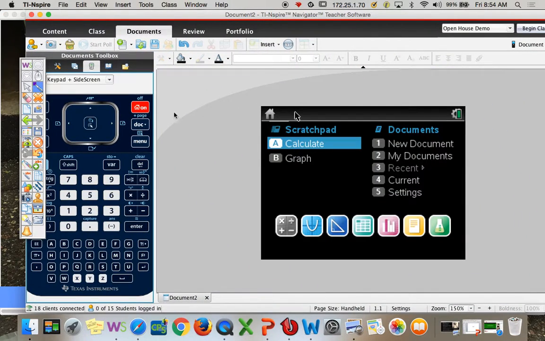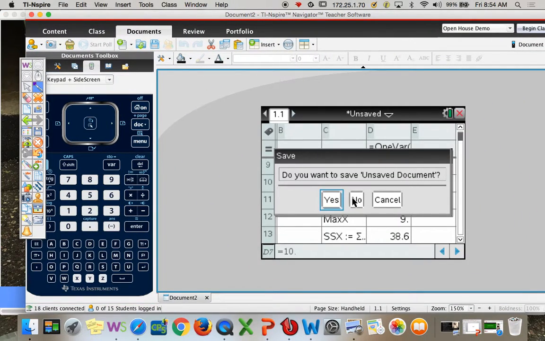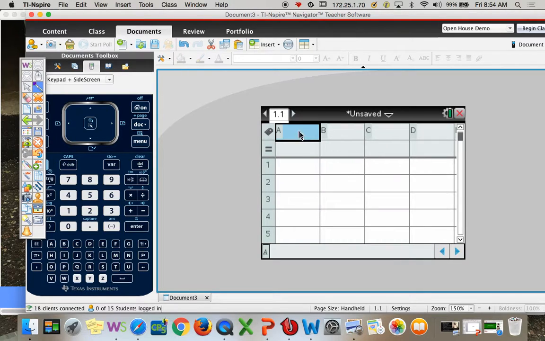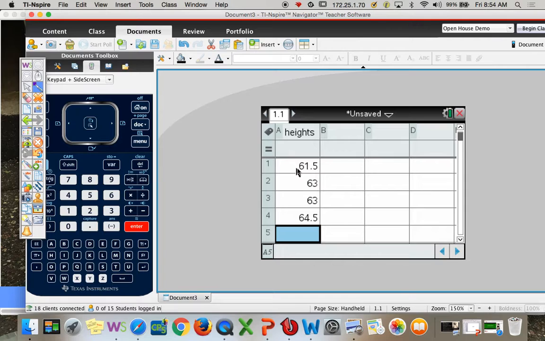I'll use the calculator. I'm going to open a new document, do not save unsaved, add a list in spreadsheet. These are now heights, and I'm going to type them in any order: 61.5, 63, 63, 64.5, 64, 65, 72, 62, 62.5, 65.